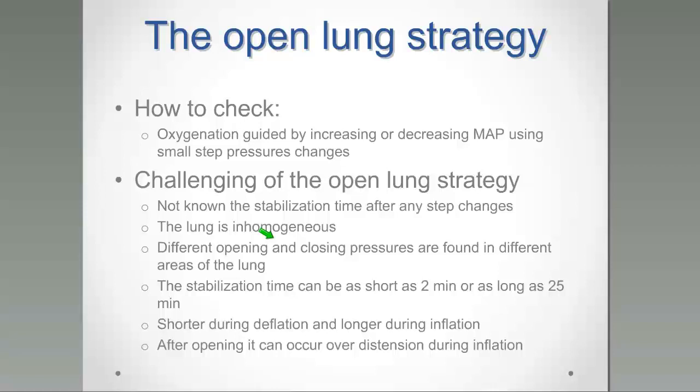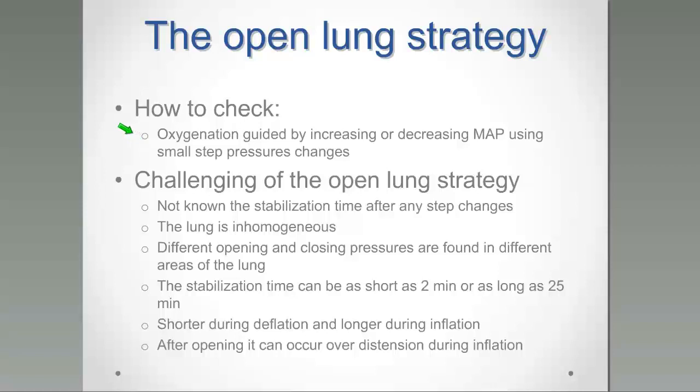And the way we use this is by increasing the mean airway pressure in small steps until we reach what we call the improvement in oxygenation, because we open the lung. And if you are doing this in clinical practice, it's going to be very easy to know and to guide, because as we reach the mean airway pressure that is needed to open the lung, the baby suddenly improves the oxygenation.